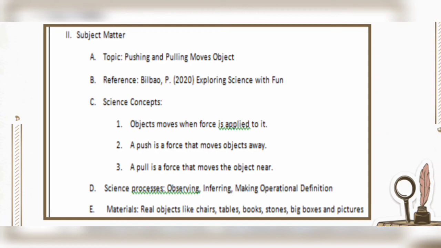Number 3, a pull is a force that moves the object near. D, science processes: observing, inferring, making operational definitions. E, materials: real objects like chairs, tables, books, stones, big boxes, and pictures. So this subject matter includes a source of information or references.